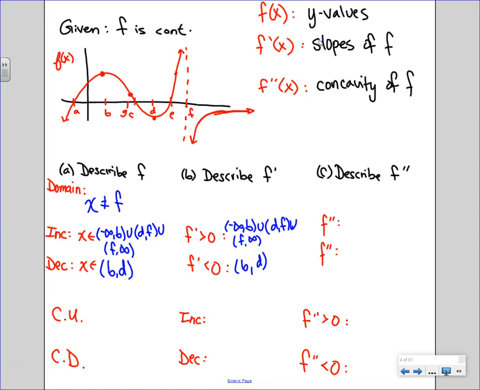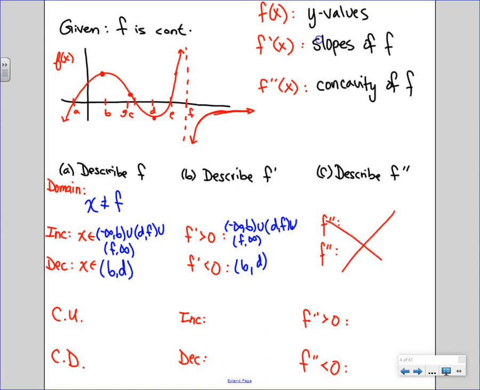F double prime. If F prime is positive, well, hold on, wait a minute. Looking up here, F prime is positive for a concave down portion, and F prime is positive for a concave up portion, and F prime is positive for a concave down portion. So what's in common with our F double prime? If we have different concavities, that means the sign changes, right? So are we able to say anything about F double prime just from the increasing, decreasing of the original graph?